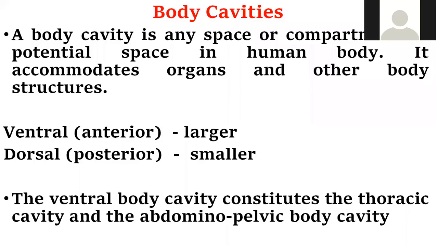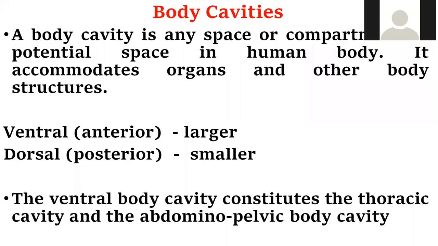What this cavity does is that it accommodates organs and other body structures. In anatomy, you describe body cavities as either ventral or dorsal. The ventral aspect is anterior, and the ventral is much larger than the dorsal position.